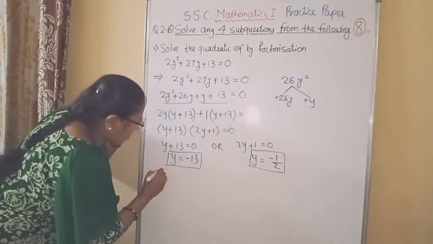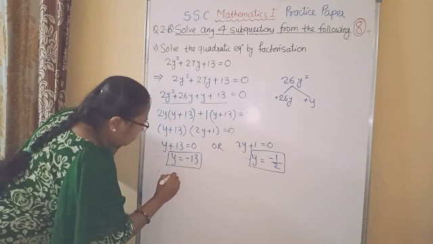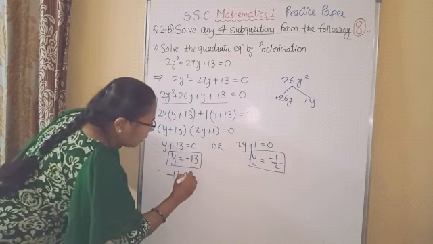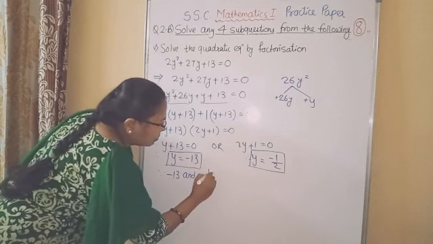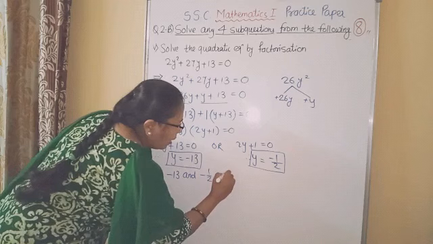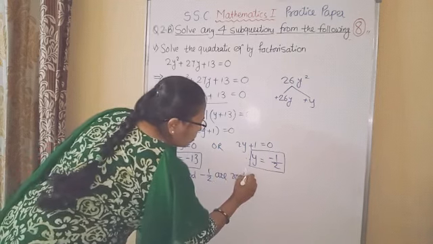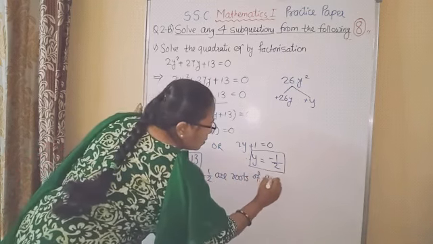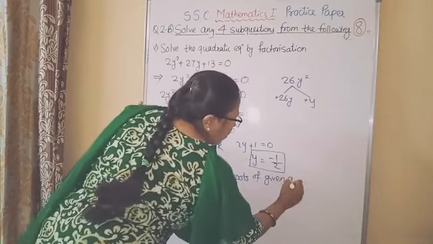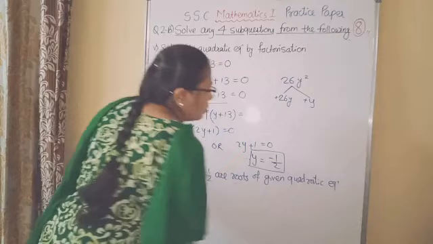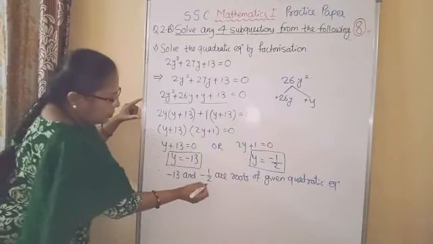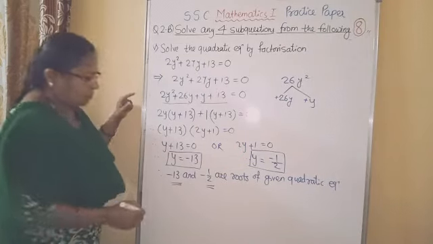So write the answer. Therefore, minus 13 and minus 1 upon 2 are roots of the given quadratic equation. Then your solution is completed. So these are the roots.